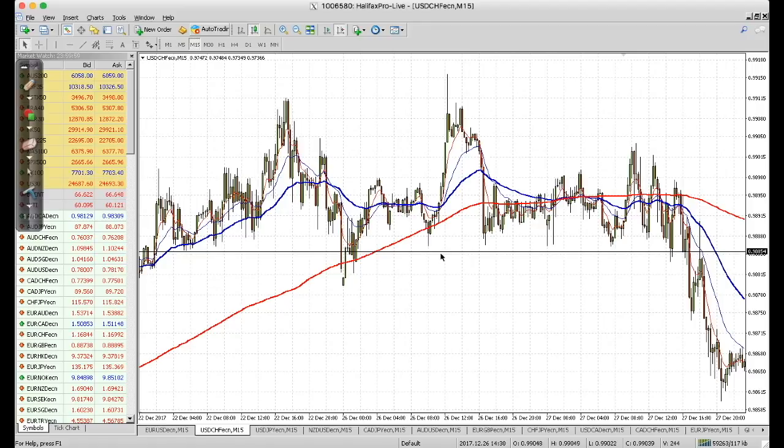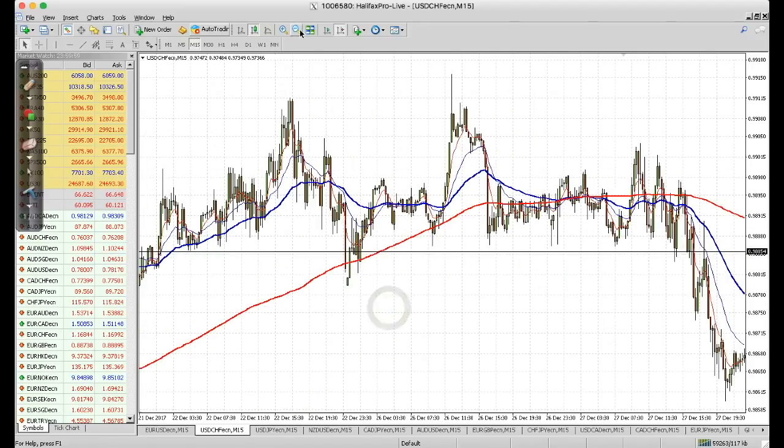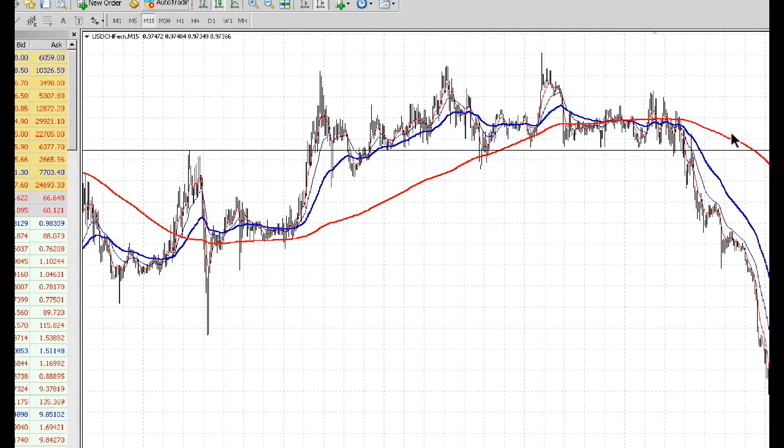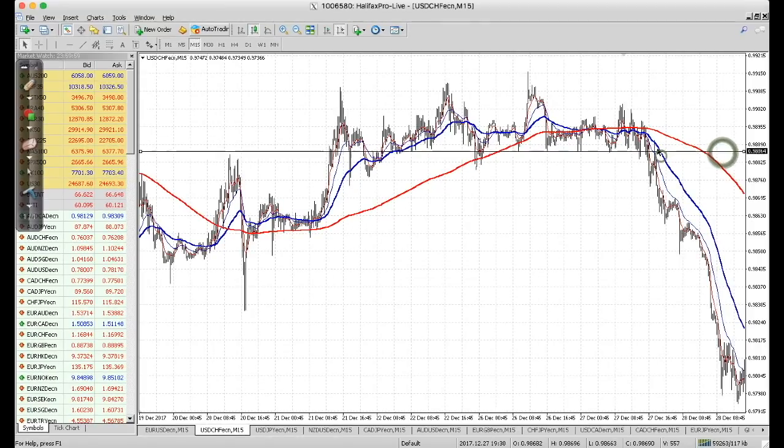So where would I draw the support? Let me zoom out a bit. I would put the support somewhere there. Would I put it there? Yes. Why? Because to me, this is the most significant point. Why is it significant?